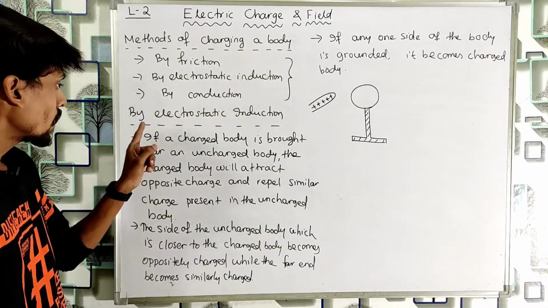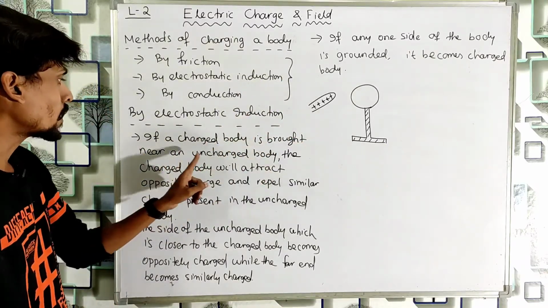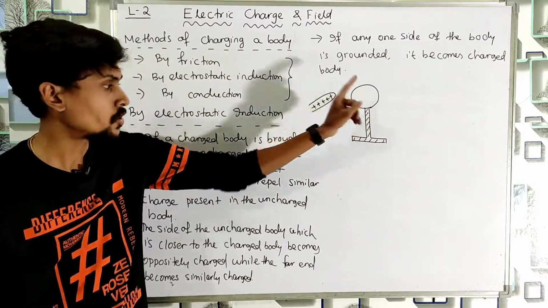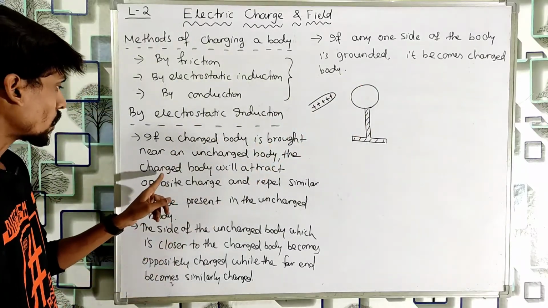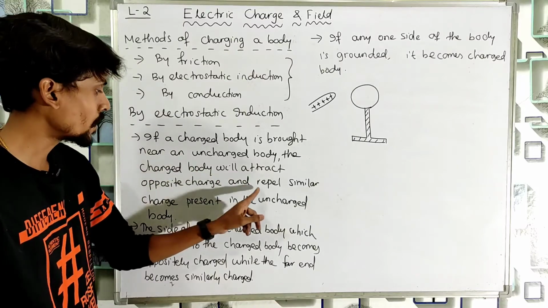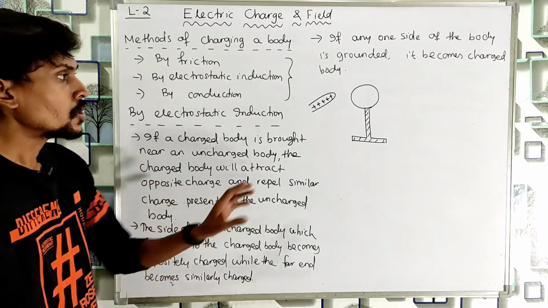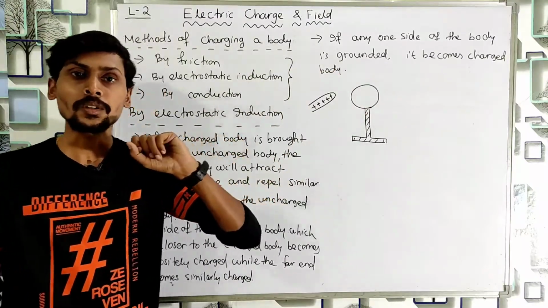So as written, if a charged body, this one, is brought near an uncharged body, this is the uncharged body, then the charged body will attract opposite charge and repel similar charge present in the uncharged body. So we have taken a metallic sphere.